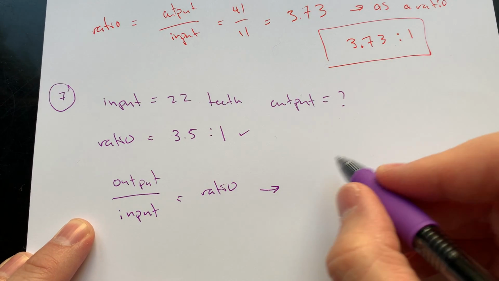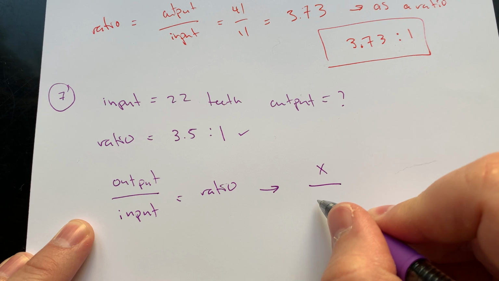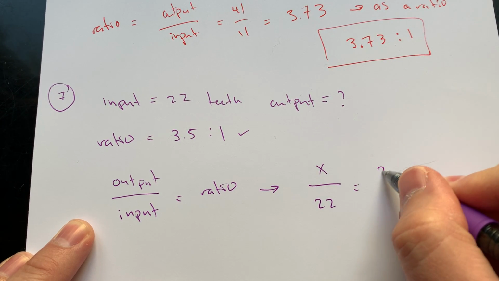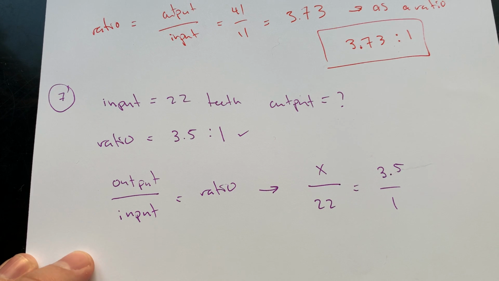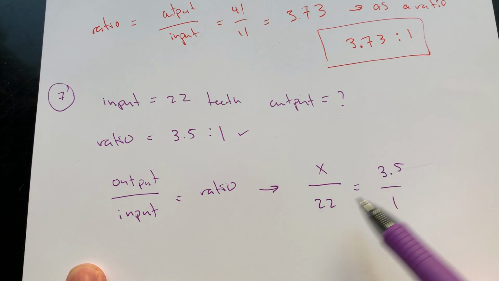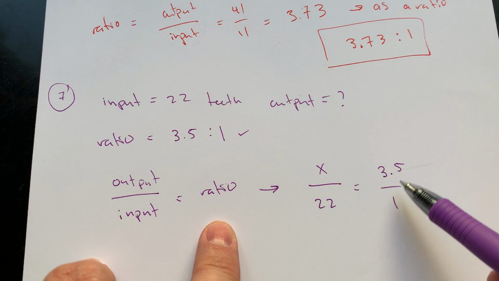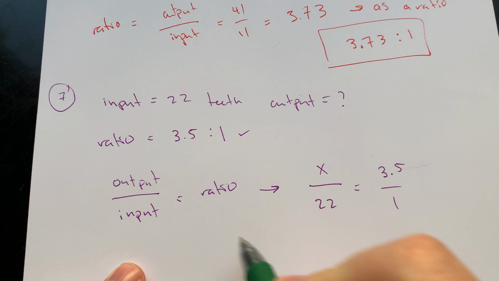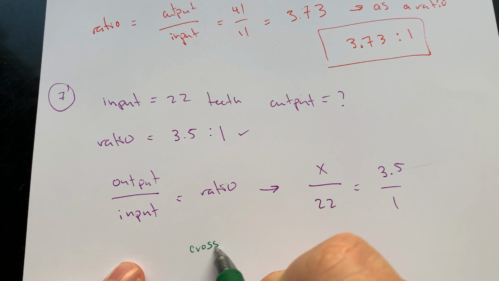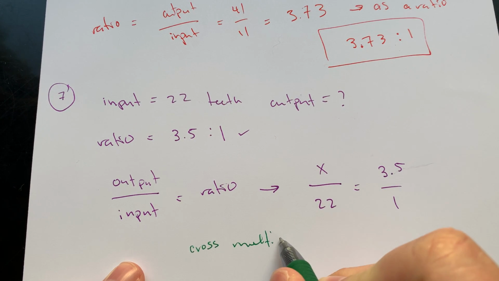So my output is X, my input is 22, and any ratio I can write as a fraction. That should be equivalent to 3.5 over 1, if my ratio is 3.5 to 1. I can solve this with a quick cross multiply, just like any good ratio.